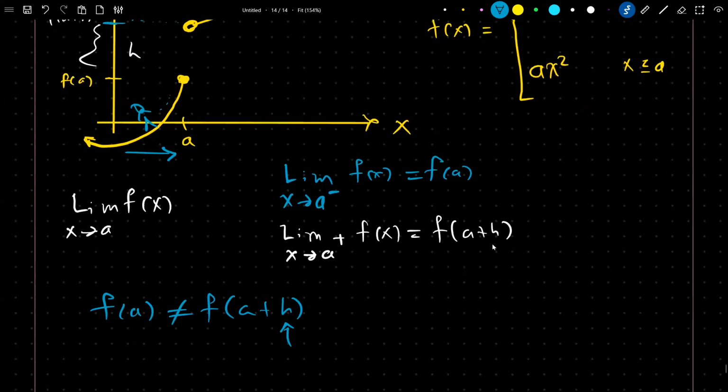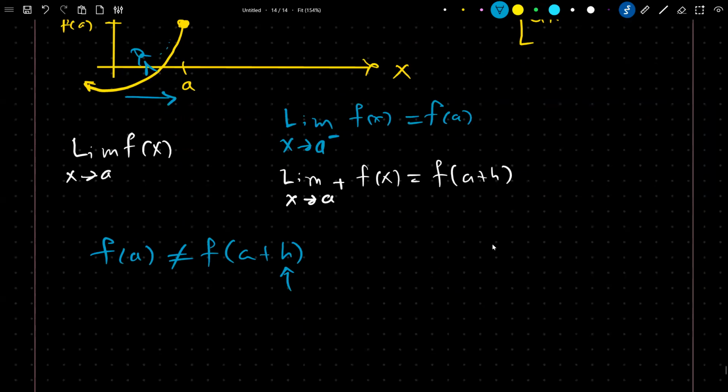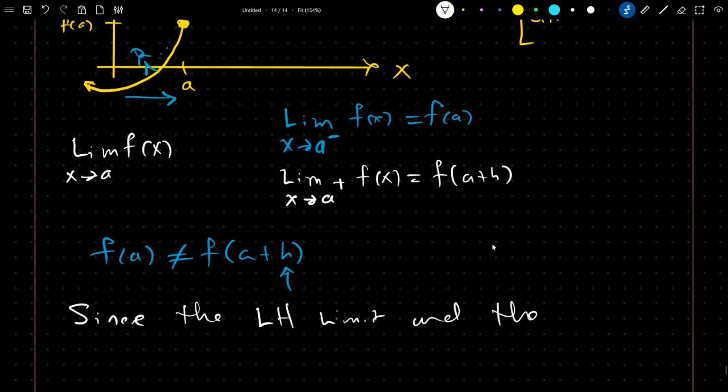And so we have to say this: since the left-hand limit and the right-hand limit are not the same, what does it mean?